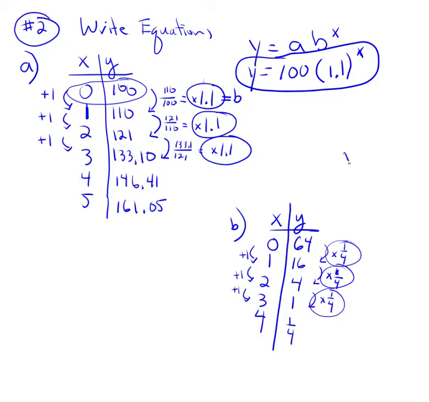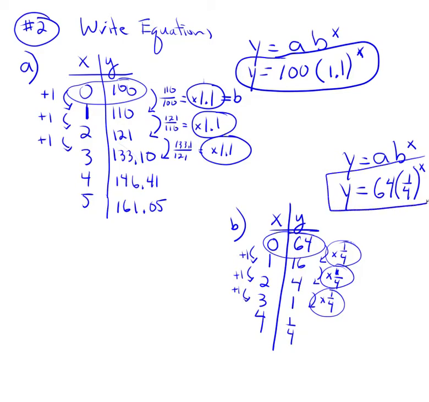So when we have our equation, y equals a, the initial, times our multiplier to the x power, I can find my y-intercept right here, my start, my initial, my principal, 64. My multiplier is 1/4 to the x. And there's our equation for that.